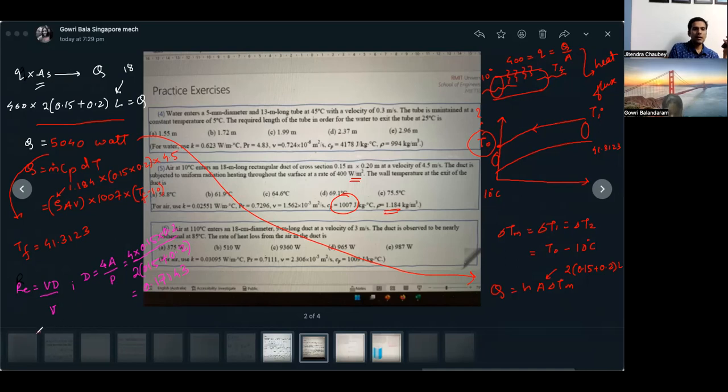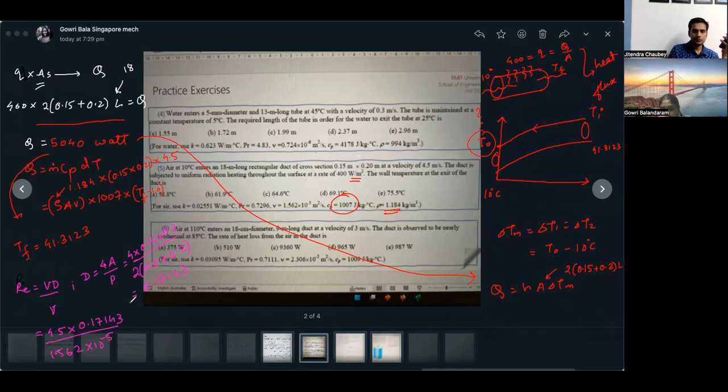Now we can find Re. Velocity is 4.5, diameter is 0.17143, and nu is 1.562 into 10 raised to minus 5.